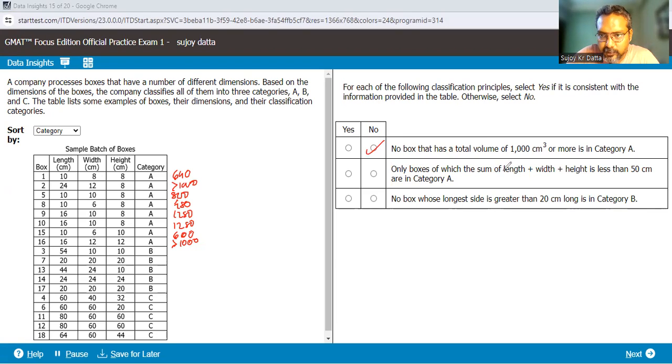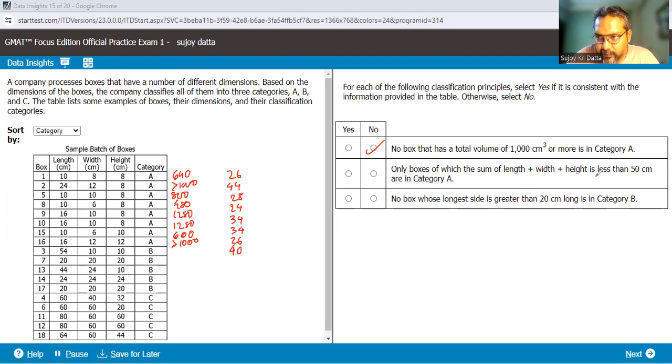Only boxes of which the sum of length, width, and height is less than 50 centimeters are in category A. All right. The sums: 16 plus 10, 26, 20, 44, 28, 24, 34, 34, 26, 40.